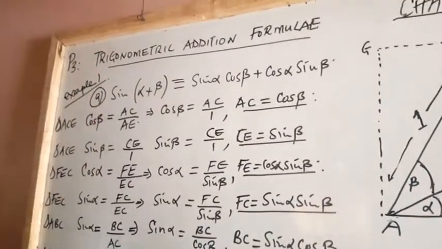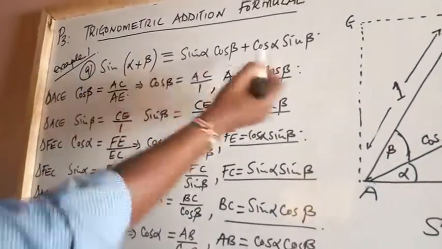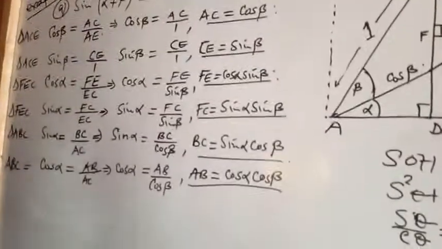Having highlighted all that, now we need to prove this identity, because we have all these details.